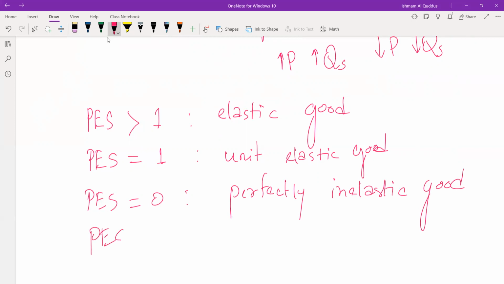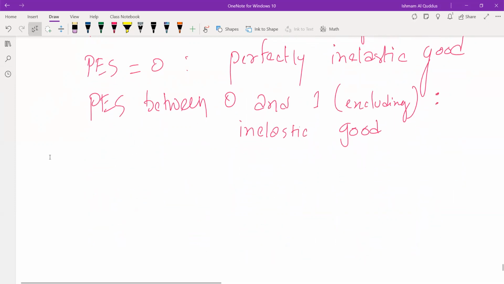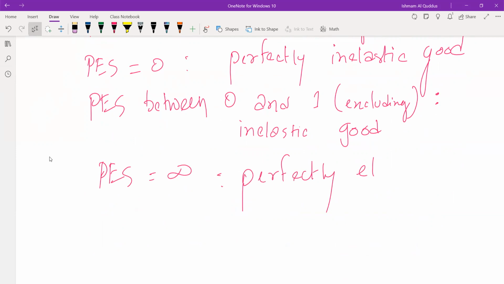If PES is between 0 and 1, excluding 0 and excluding 1, remember this, then this is inelastic good. And if PES is infinite, then this is perfectly elastic good.